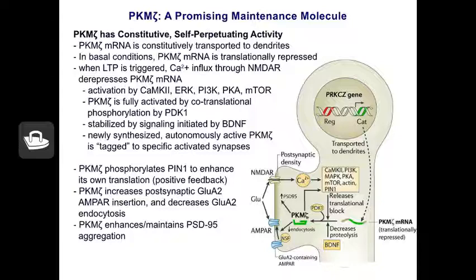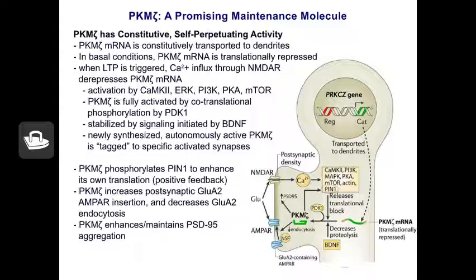But here's a very interesting trick that protein kinase M-zeta plays. Protein kinase M-zeta, after it's synthesized, phosphorylates a protein known as peptidyl prolyl cis-trans isomerase NIMA interacting 1.